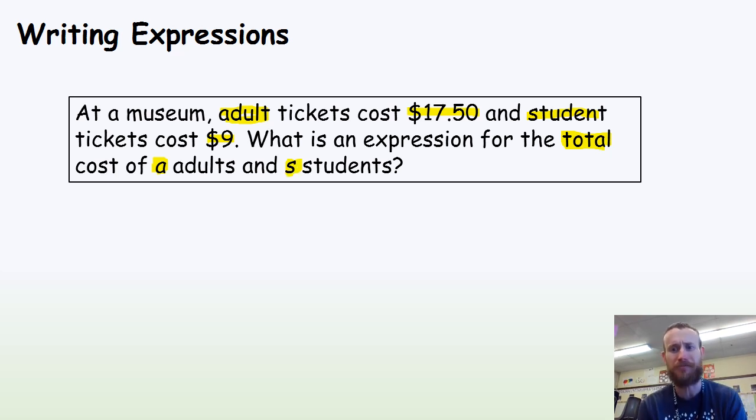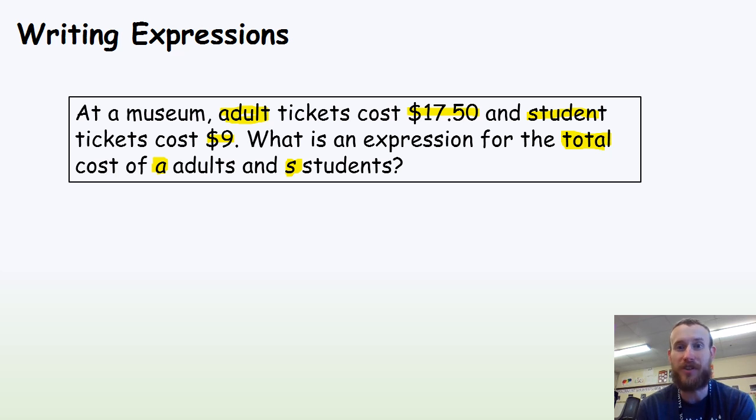So typically, a lot of expressions have multiplication in them, right? If you have adults costing $17.50 and you have 2 adults, you're clearly going to multiply 2 times that number. Or 10 adults times that number. So there's going to be multiplication involved. That's where those coefficients come in.